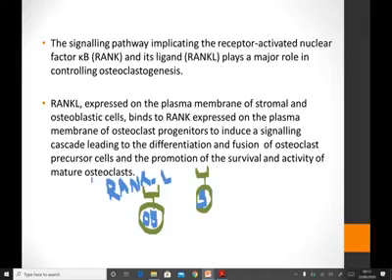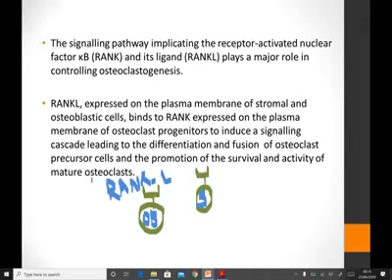This ligand is supposed to bind to a molecule called RANK, the receptor activated nuclear factor kappa B. This RANK is present on the plasma membrane of the progenitor cells of the osteoclast.